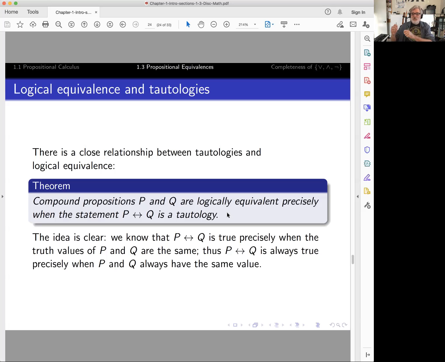The problem with this logic is that it's very primitive. It won't do all that you want to do in math. So you have to add more stuff. Once you add this stuff that we're going to see next week, do you still have an algorithm to check that things are logically equivalent or tautologies? And that's when the answer that Turing gave is that no, there is no algorithm to do that.